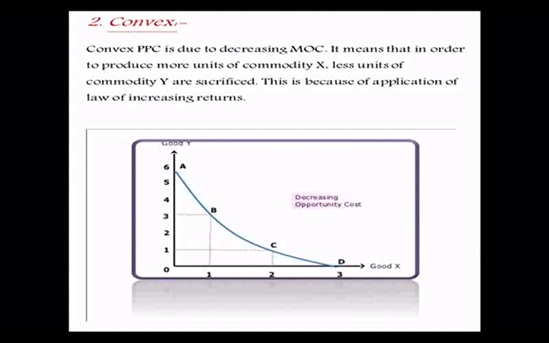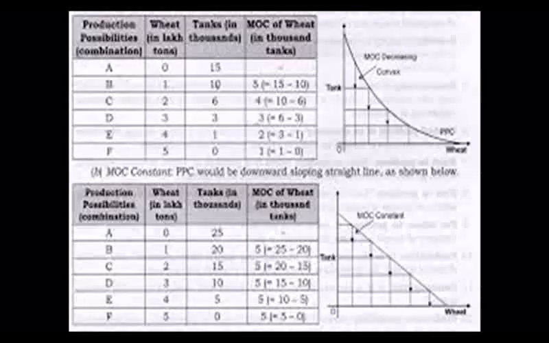So these are the three shapes of PPC. You can see in this schedule. According to the schedule, here is the diagram. When two commodities are produced in an economy, you can see in the first schedule, marginal opportunity cost is continuously decreasing, 5, 4, 3, 2, 1, due to which we get a PPC having a convex to the origin shape.